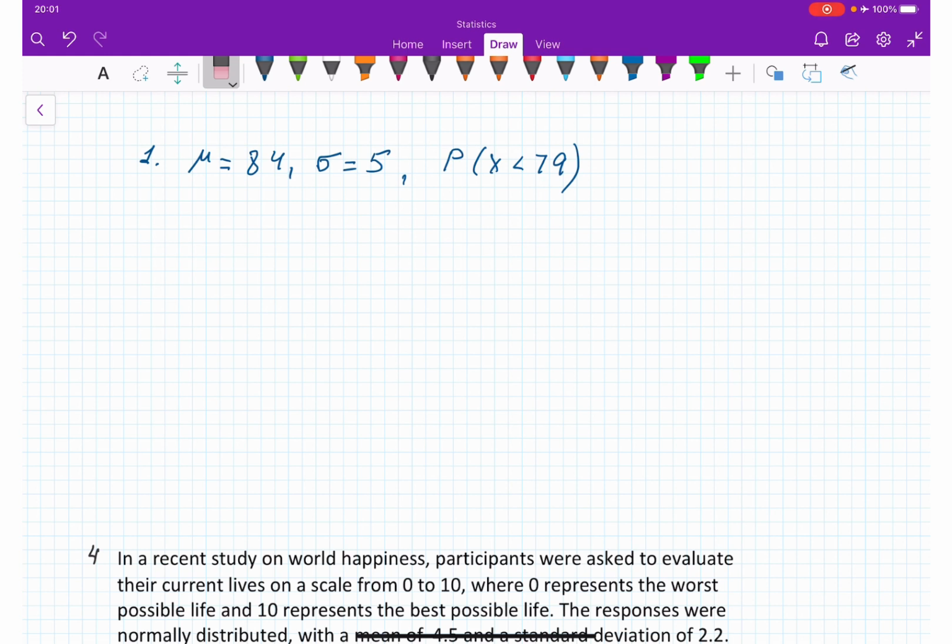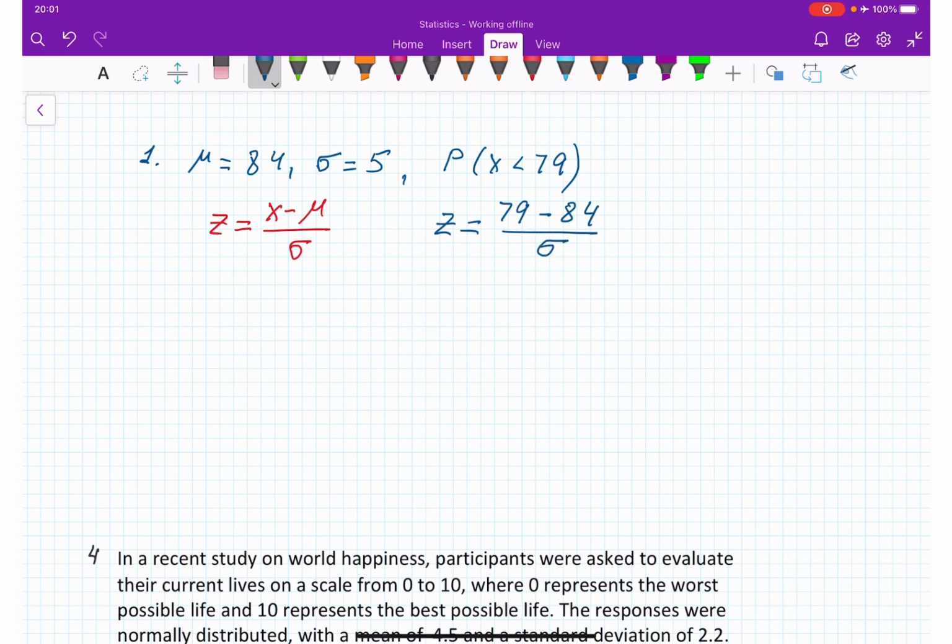How are we going to calculate it? The z-score is equal to x minus mu divided by sigma. So the z-score is equal to x, which is 79, minus mu, which is 84, divided by sigma.